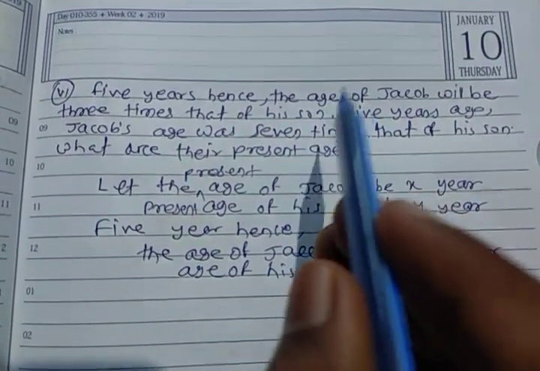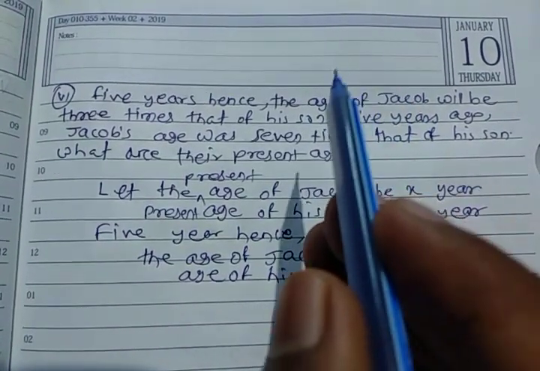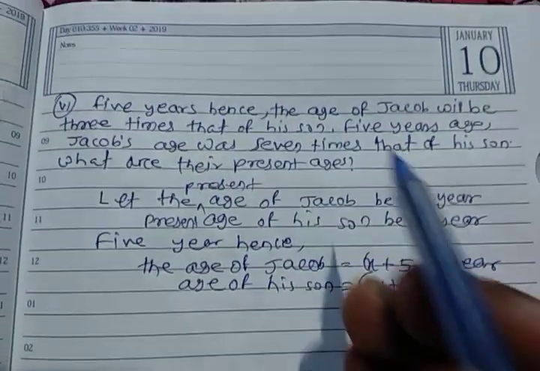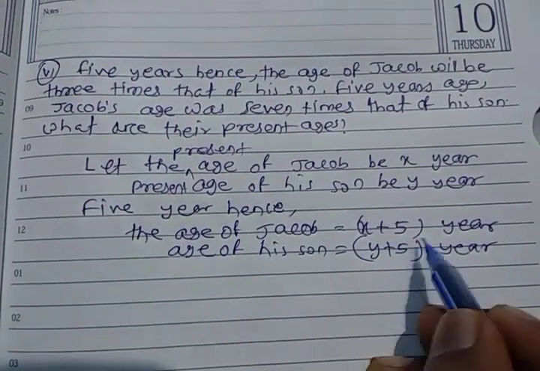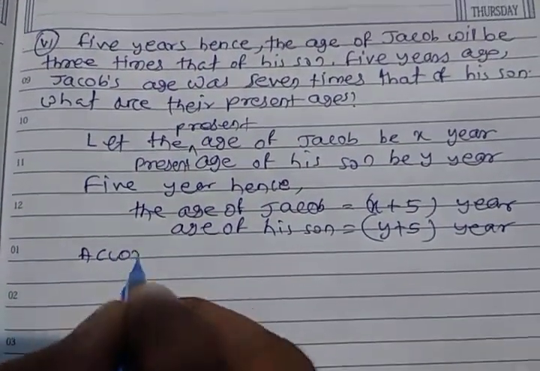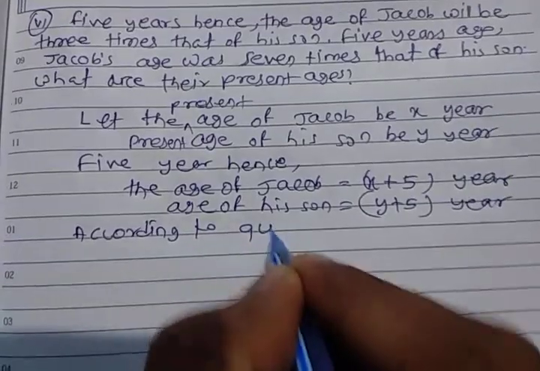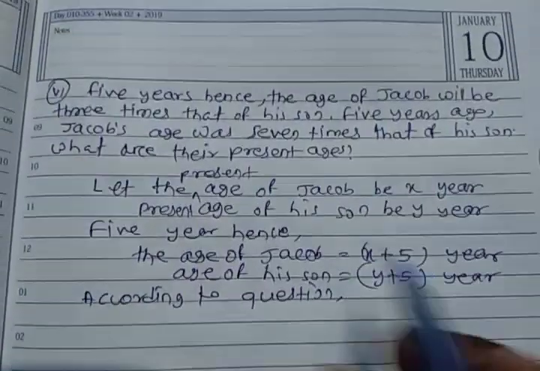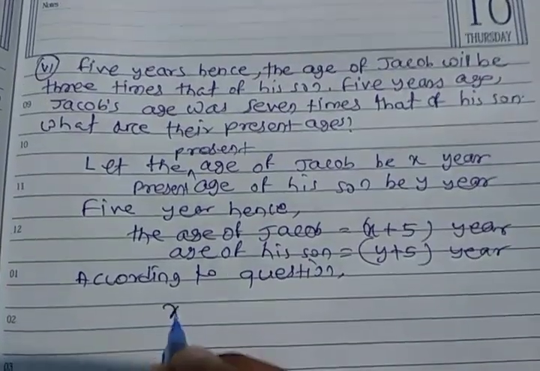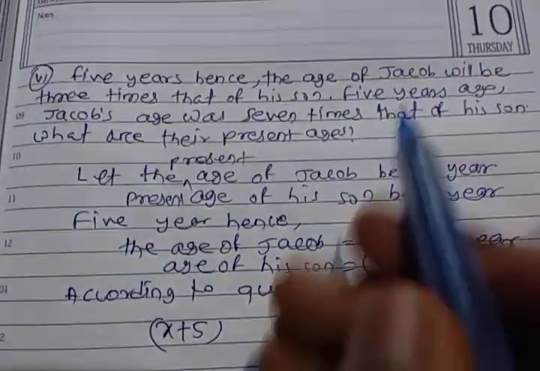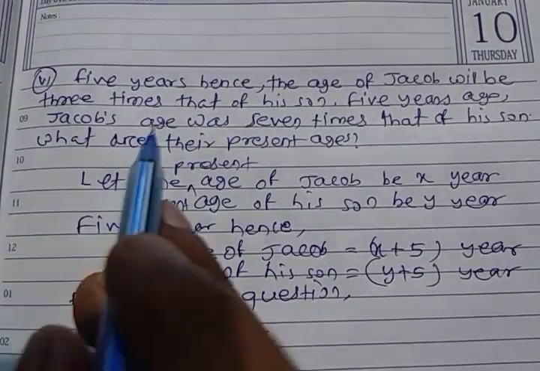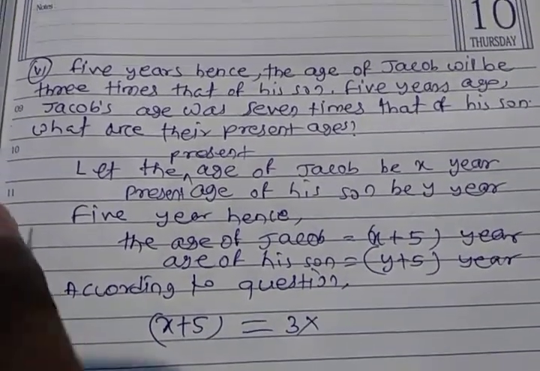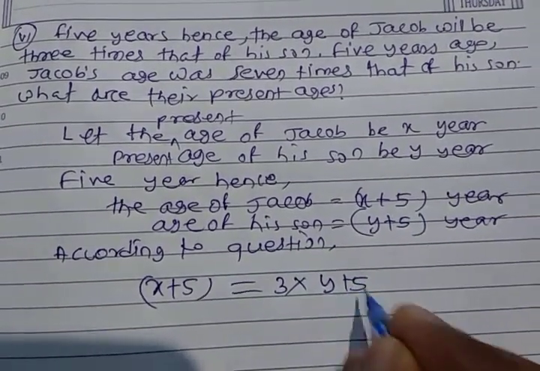As per the question, the age of Jacob after 5 years is x plus 5, and this equals 3 times his son's age, y plus 5.